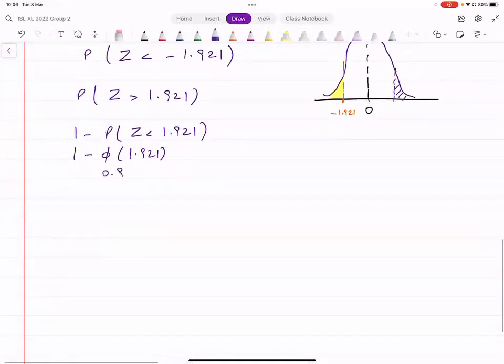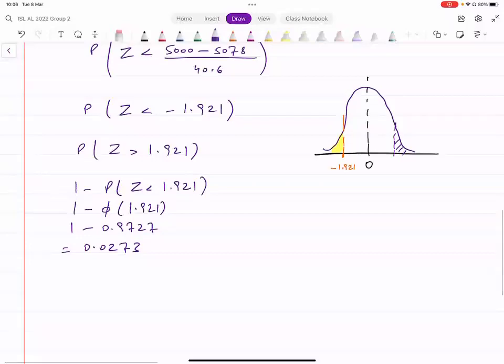This is 0.9727, 1 में से इसको माइनस कर दिया, या देख लें आपके पास क्या आता है, this turns out to be 0.0273. That's the probability that we're looking for.